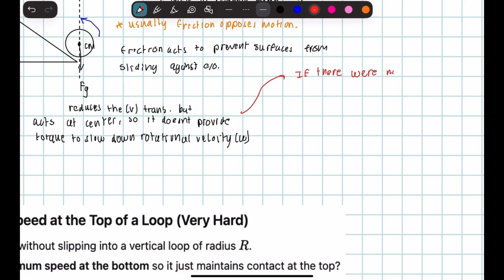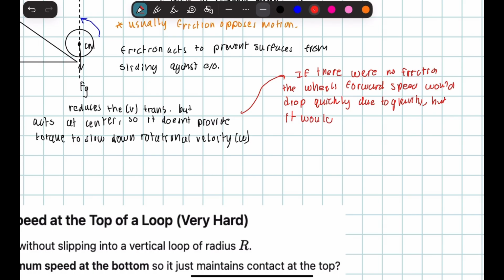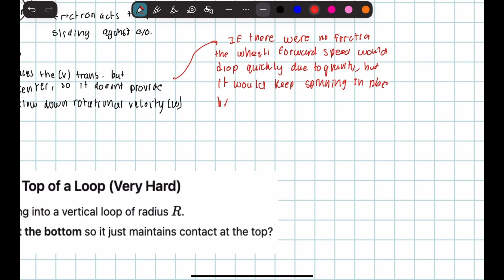You can also think that if there were no friction, the wheel's forward speed would drop quickly due to gravity, but it would keep spinning fast, or keep spinning in place, which is like spinning its wheels, because rotation wouldn't slow down to match the slower forward speed.